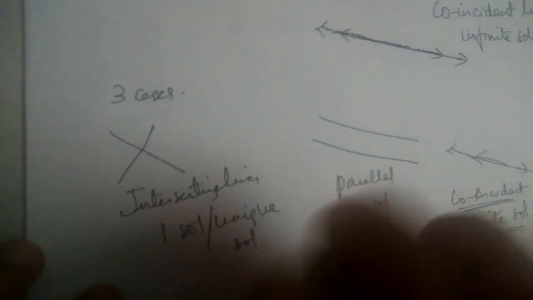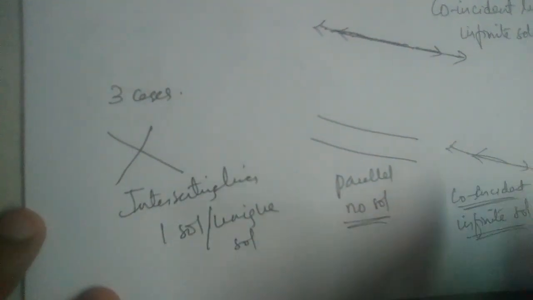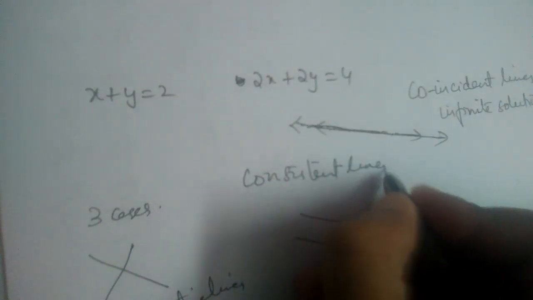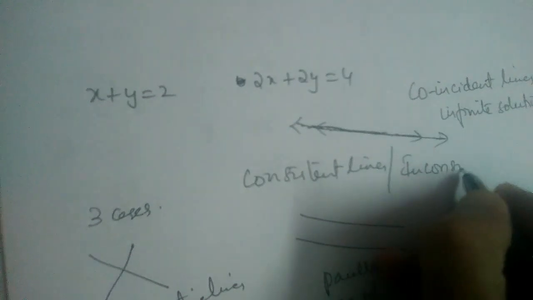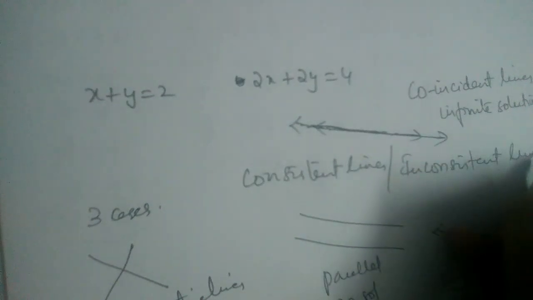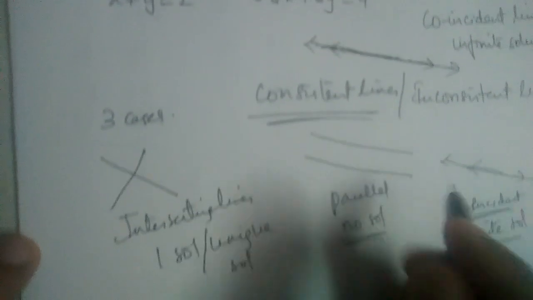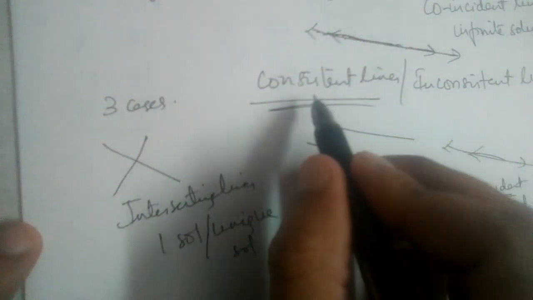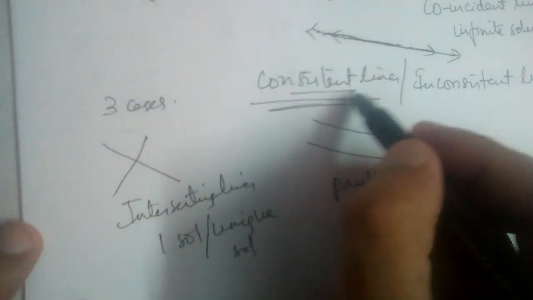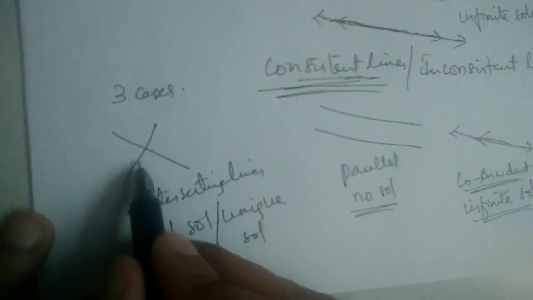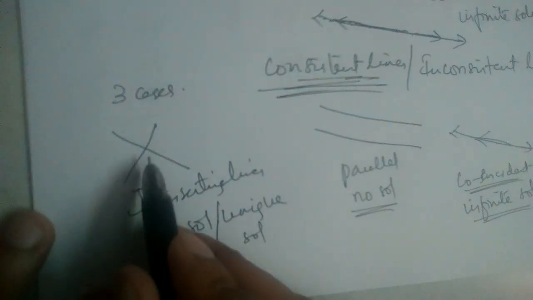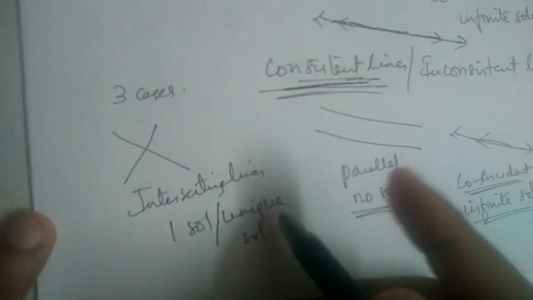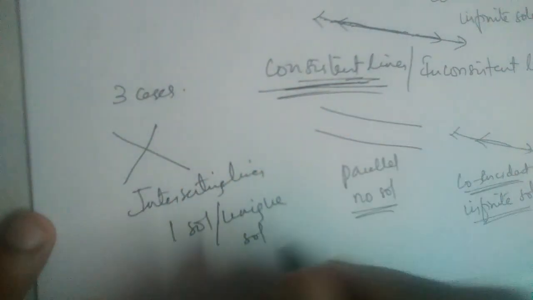Now what are consistent and inconsistent lines? Consistent lines means the lines which will have at least one solution. For example, here, how many solutions are there? One solution for intersecting. So is it consistent? See, consistent means it should have at least one solution, one or many solutions, right?